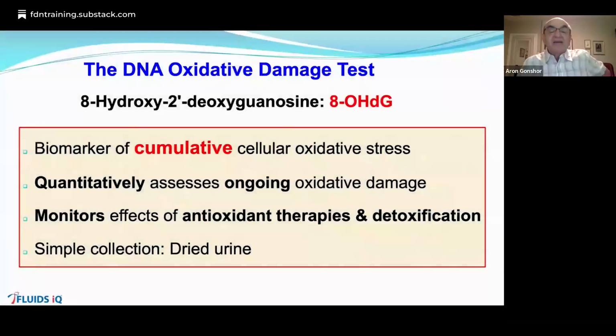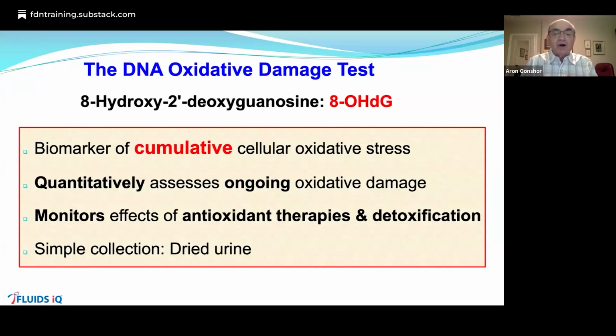And we have chosen DNA damage, and the one element that we talk about here, and the biomarker that has been around for a number of years, that has become extremely well known as a very reliable biomarker, is 8-hydroxy-2-deoxyguanosine, lovingly called 8-OHDG.